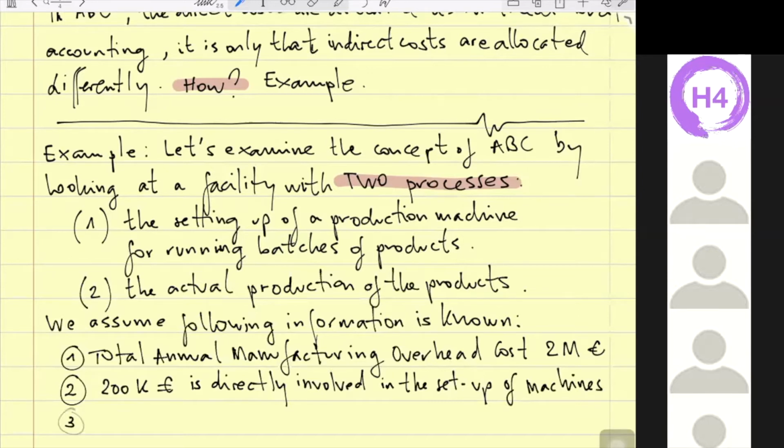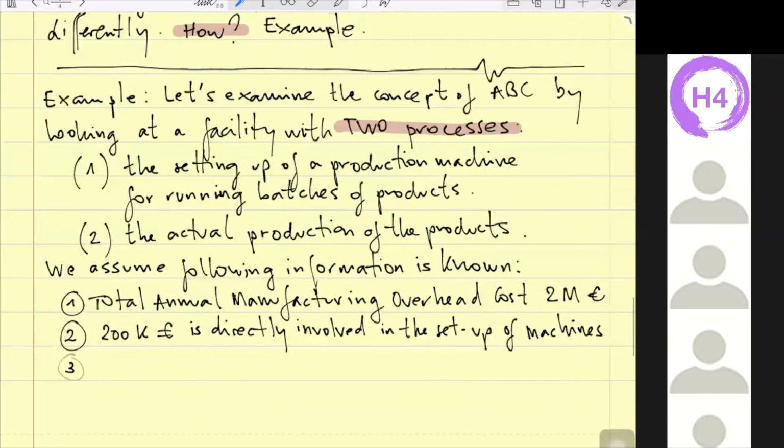Three, the company expects 400 setup processes.